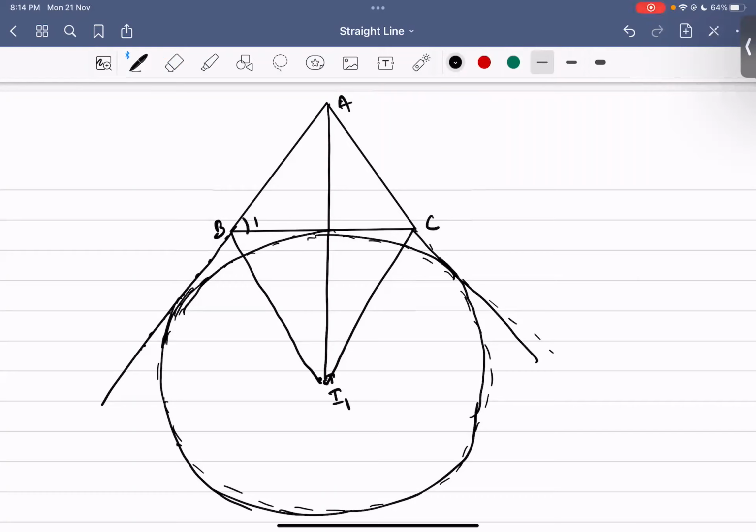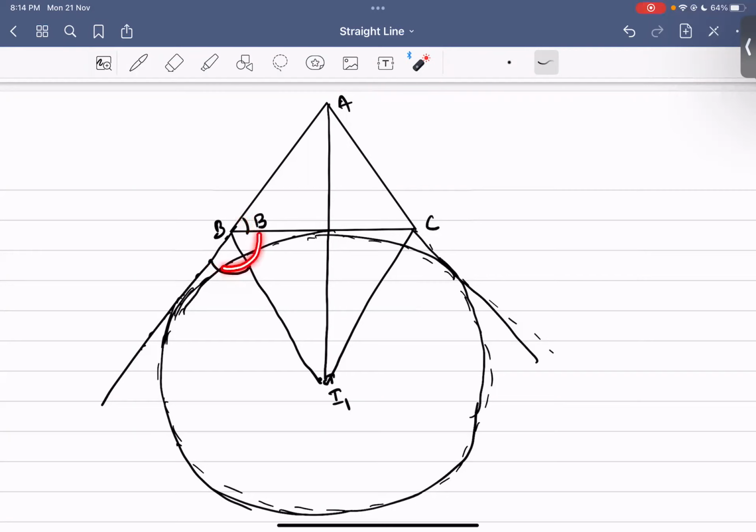So this is angle B. Now tell me, what is this angle? This total angle in a straight line is pi radians. Yes or no? This total is pi. So this angle is B.